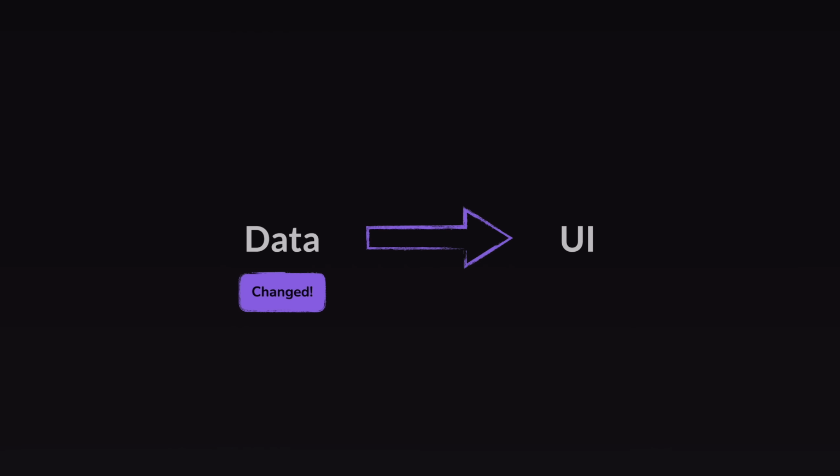Now, of course, the useState hook is important. Most modern front-end web applications have some data which, when changed, should lead to an updated UI. And that's of course where in React applications useState comes into play.